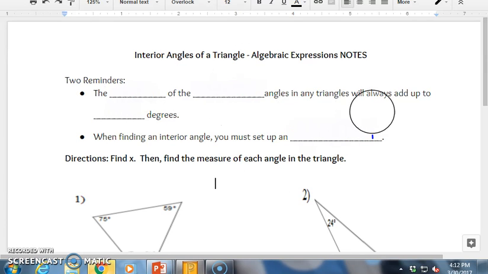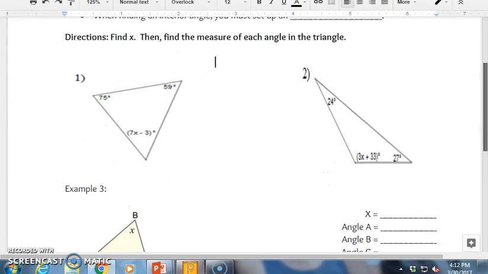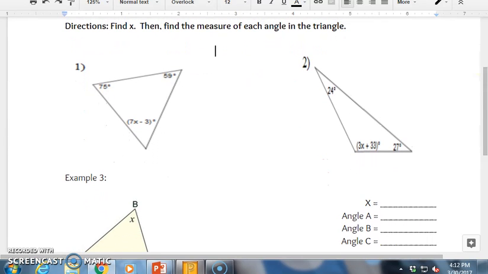Okay, so we are going to start these problems off exactly the way we did with the other ones. Now notice that instead of it just being a variable x or c or some unknown, now it's an actual expression. So now they're saying that angle is going to be 7x minus 3.